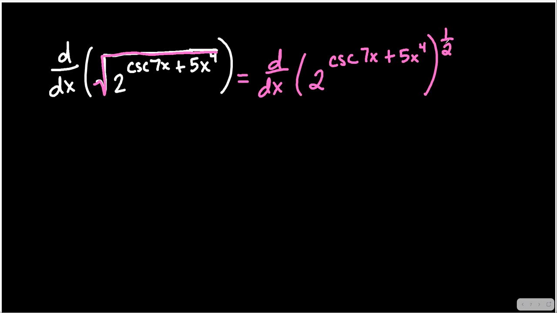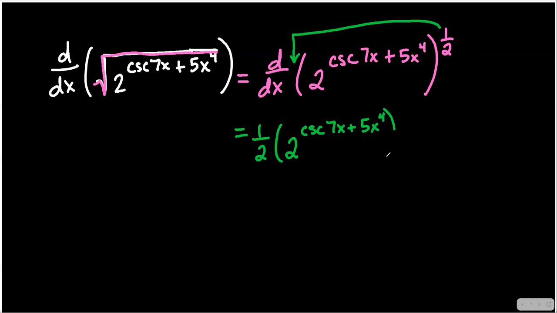And how do I do that? Well, we've got multiple layers to this. The 1/2 is going to move to the front. I'm going to be left with this inside piece, the 2 cosecant 7x plus 5x to the fourth, only now when I subtract 1, it's raised to the negative 1/2. Now I've got to look at the fact that this is an exponential power.